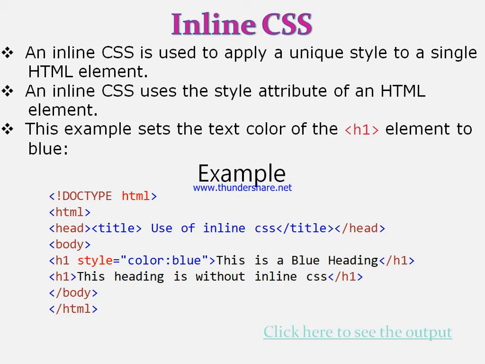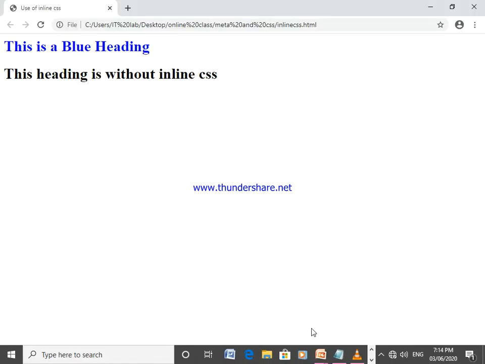Let me explain with the help of its output. I am going to click here to see the output. You can understand how this particular code, when you execute it, what you will get on the screen.